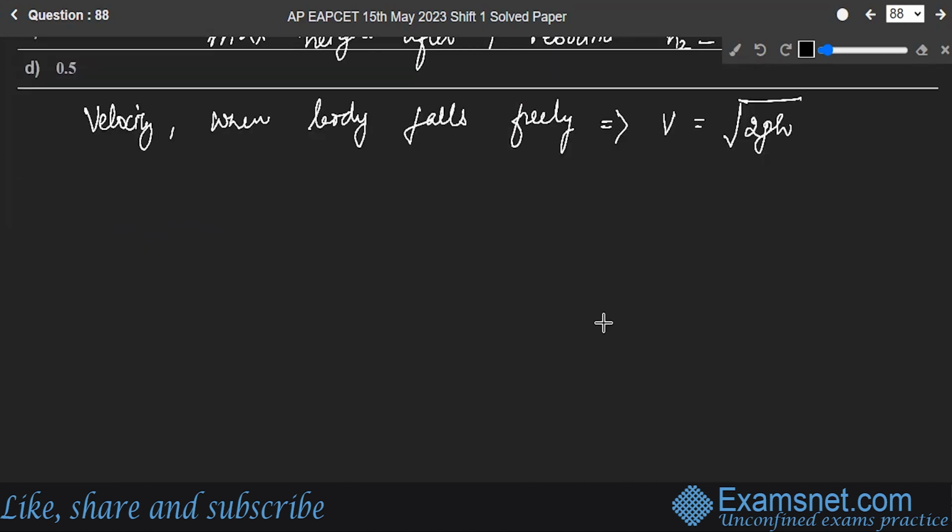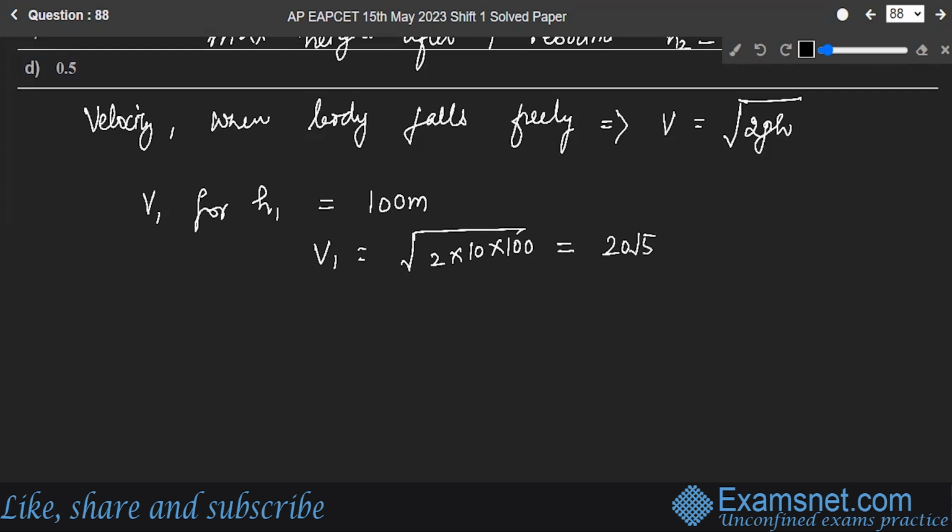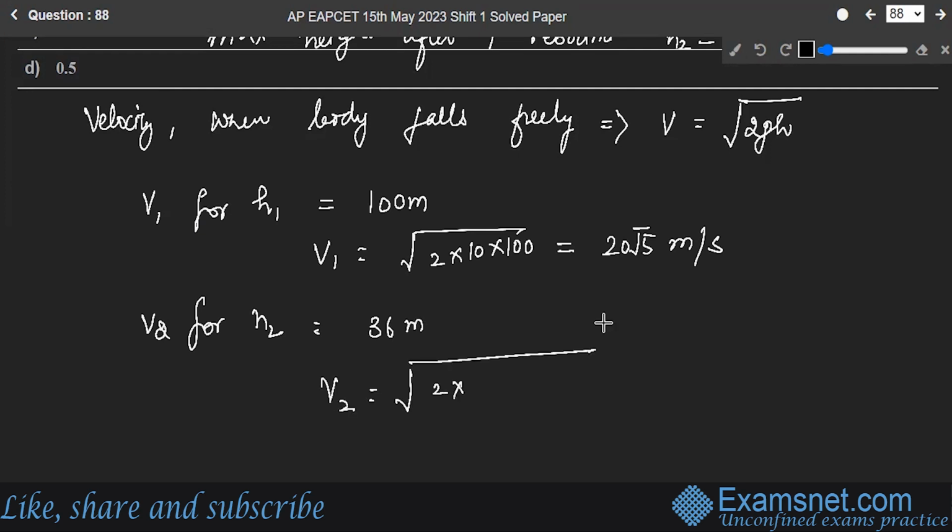For v1, let's say v1 for h1 of 100 meters, v1 is equal to root of 2 into 10 into 100, so you have 20 root 5 meters per second. And v2 for h2, which is 36 meters, v2 is equal to root of 2 into 10 into 36, which will give you 12 root 5 meters per second.